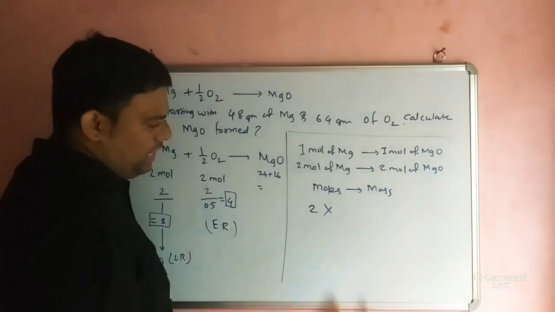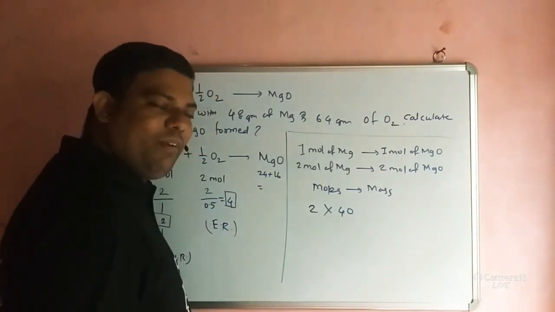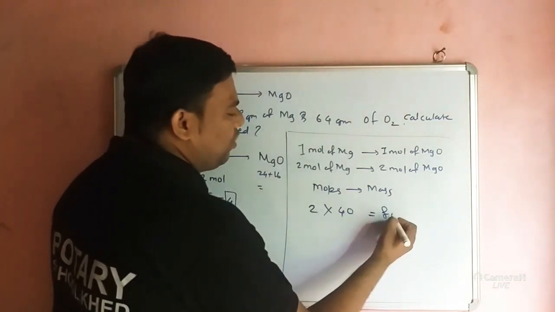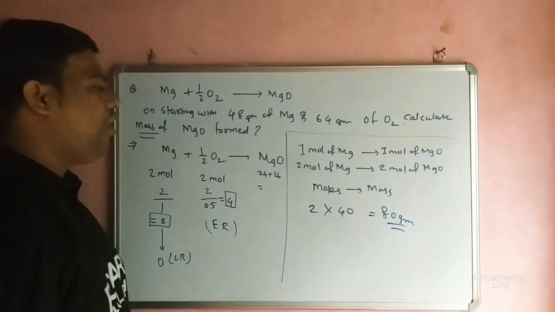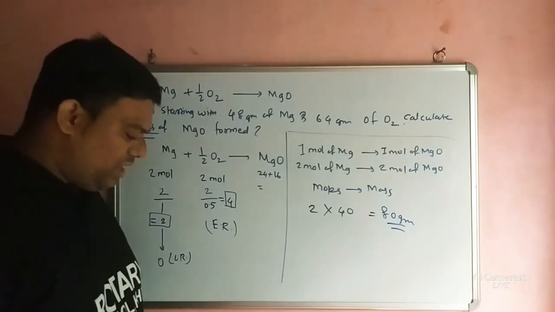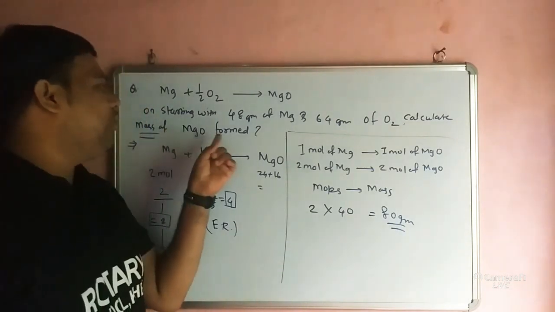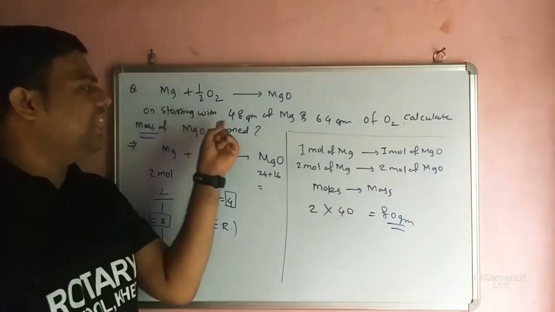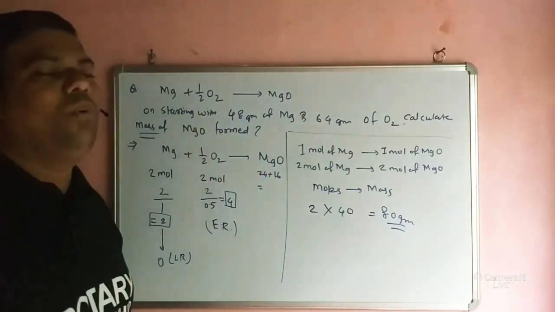So 24 plus 16, that is 40. So as you know, multiply by the molar mass. So how much will you get, beta? Mass of MgO formed, 40 gram. Okay, how much, beta? 2 into 40, that is 80 gram of MgO formed after starting with 48 gram of Mg and 64 gram of O2.